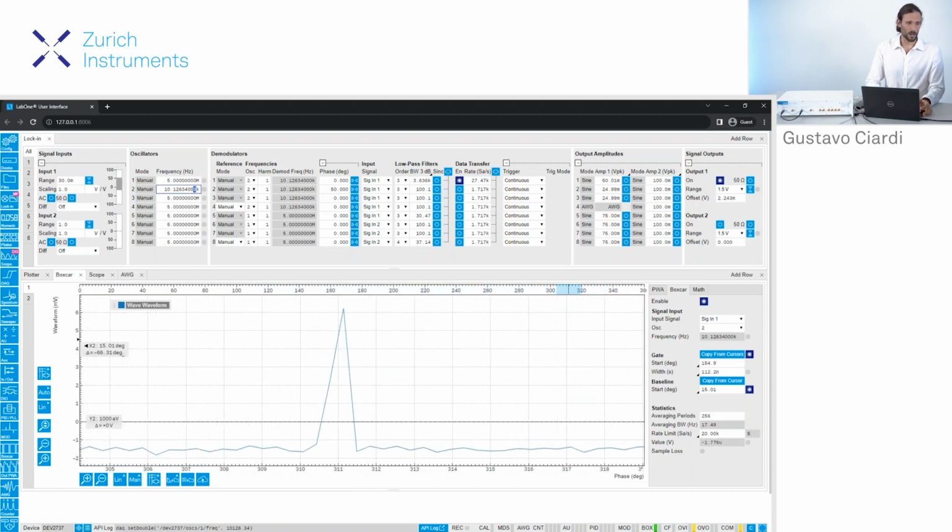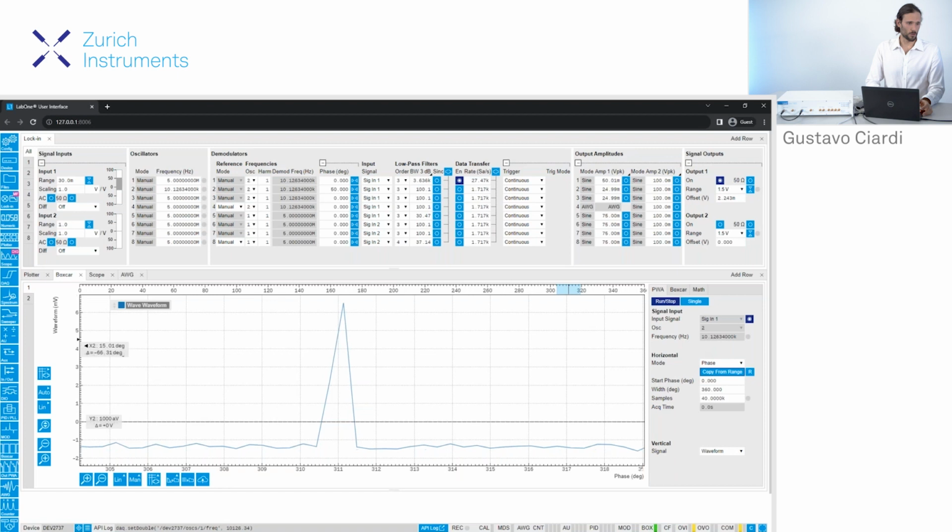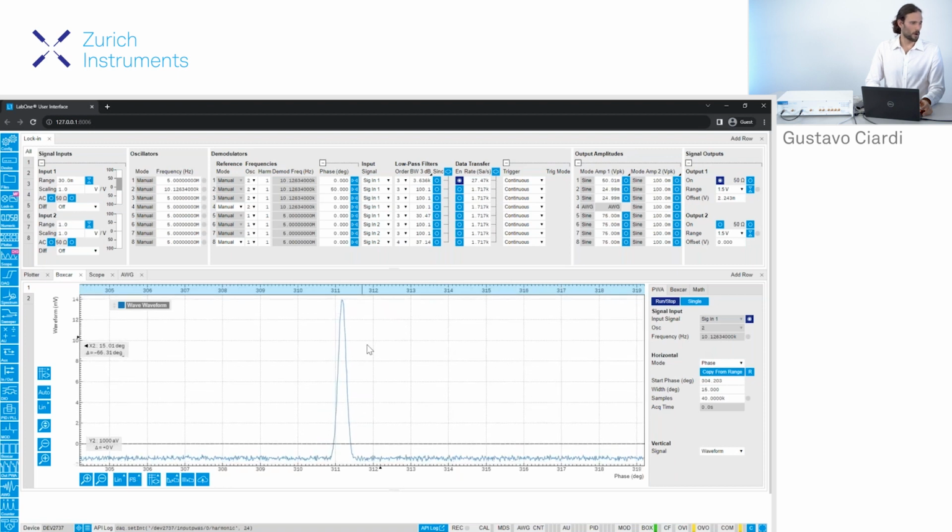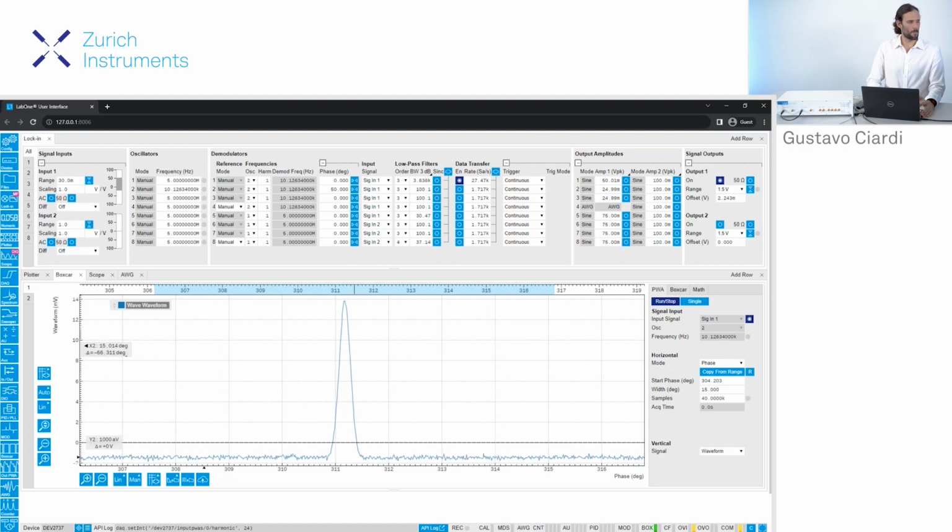Now we can zoom in here to increase the resolution. Now we can see our pulse has the same width as before, but in this new duty cycle, this new repetition rate, the pulse train takes much less space in time.